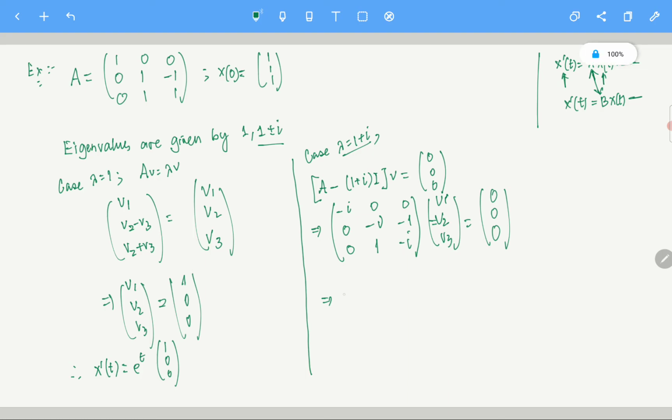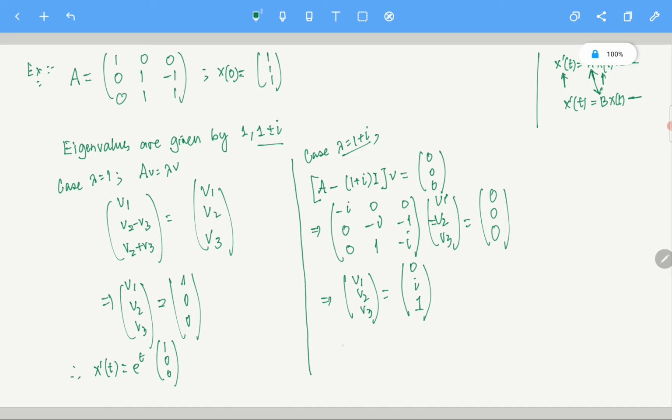So I can choose v1, v2, v3 as (0, i, 1). For the first variable, -i times v1 is 0, so v1 is 0, and the second two variables we just manipulate to be i and 1.